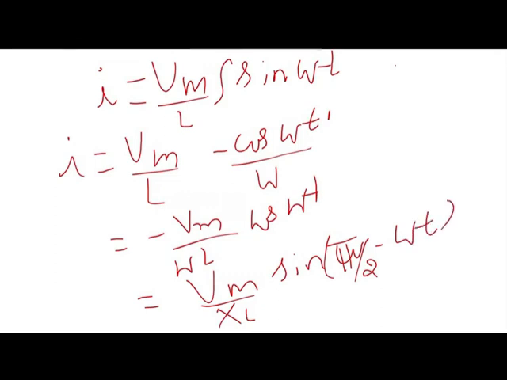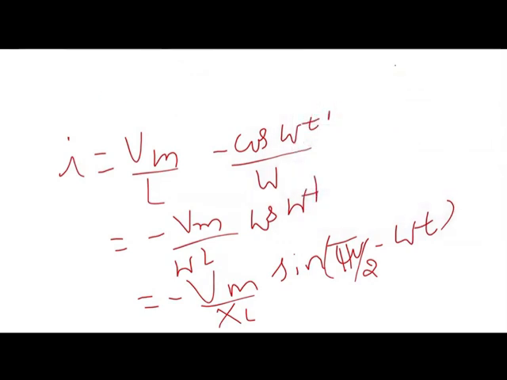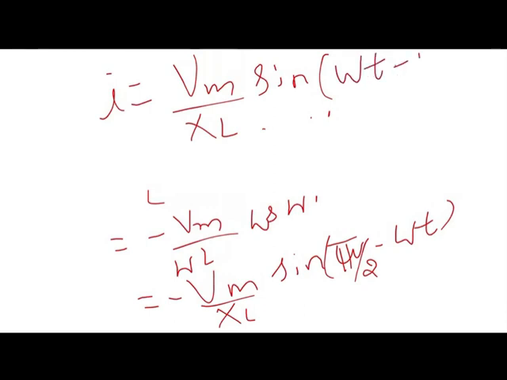Now if you want to eliminate that particular minus sign, I will become Vm by XL, and if you take the negative sign inside, it becomes sine of omega t minus pi by 2. So this is the equation we get for the current.